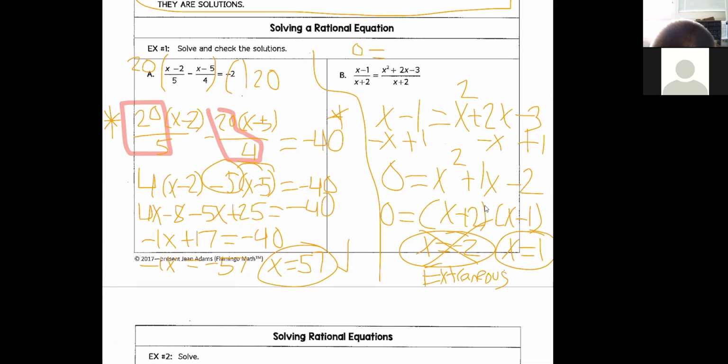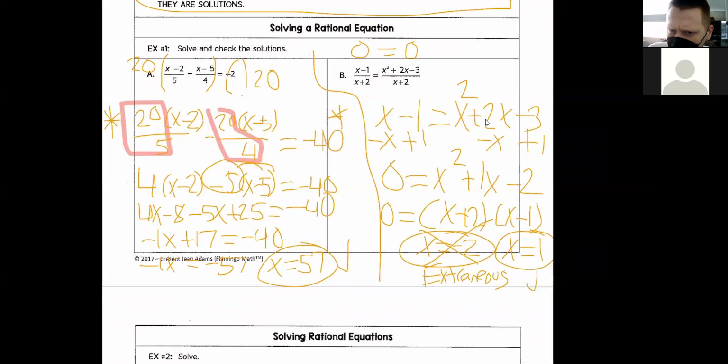The key says it's not. Oh, wait, I did that completely wrong. If you plug in 1, you get 0 on the left side. And then on the right side, oh, wait, I'm plugging in 0. What am I doing? Okay, sorry. If you plug in 1 on the other side, that would be 1 plus 2 minus 3. Oh, yeah, you would also get 0. Okay, it does work. I was plugging in 0 instead of 1 on that right side for some reason.